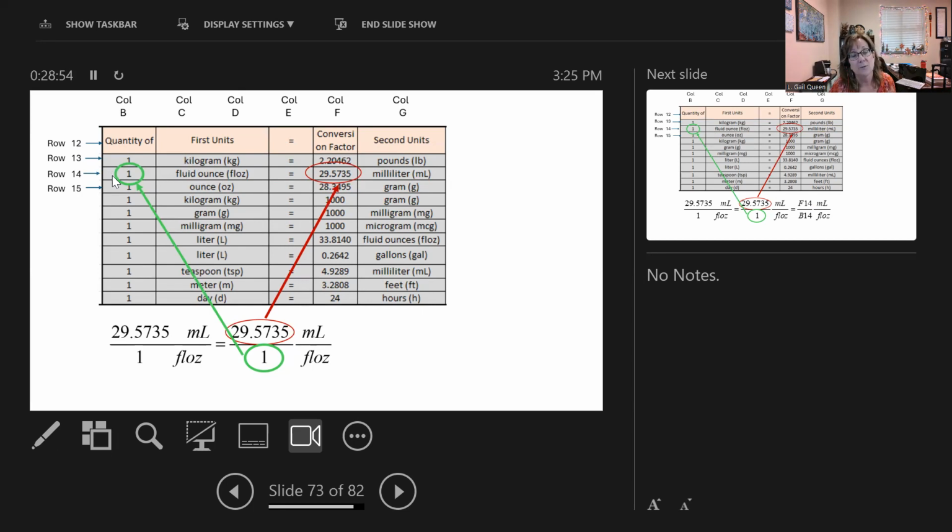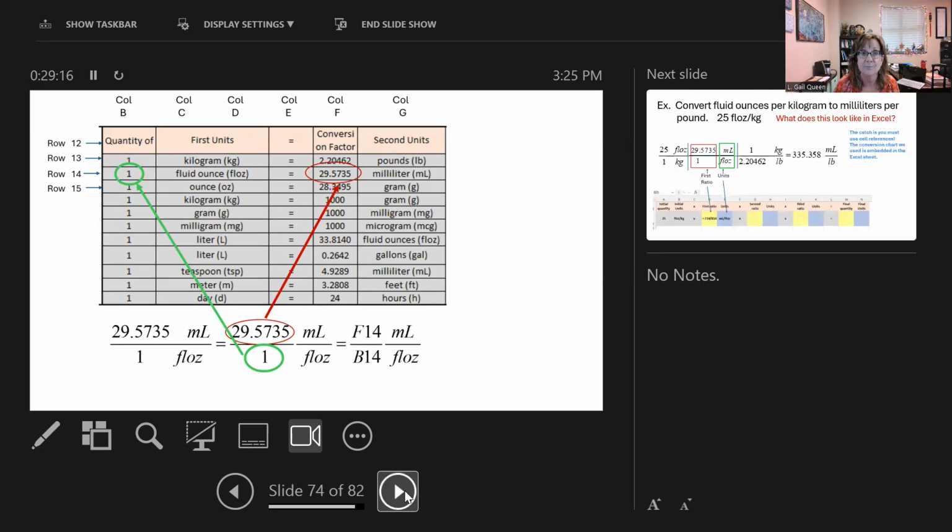So when I go to do this project in Excel or go to do this conversion in Excel, they do not want me to type in 29.5735 divided by 1. They want me instead to type in the cell references. So the cell references would look like this. 29.5735 came from what cell?